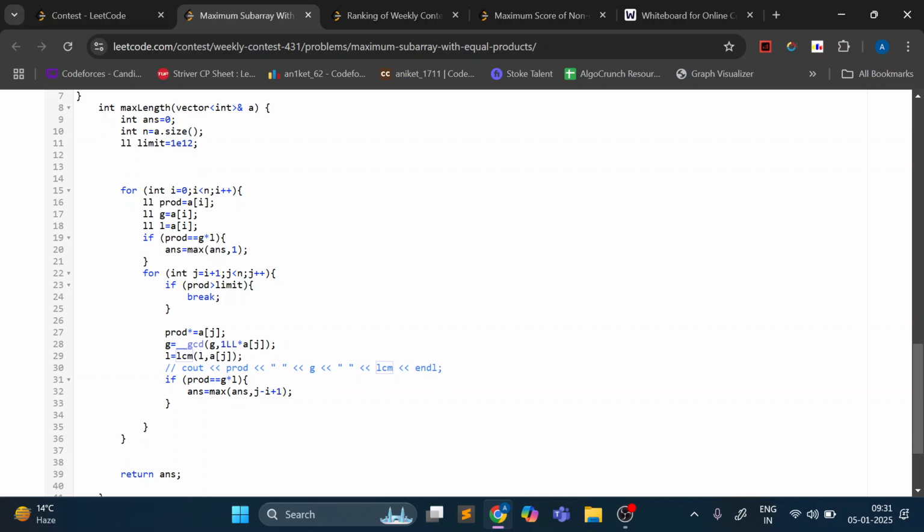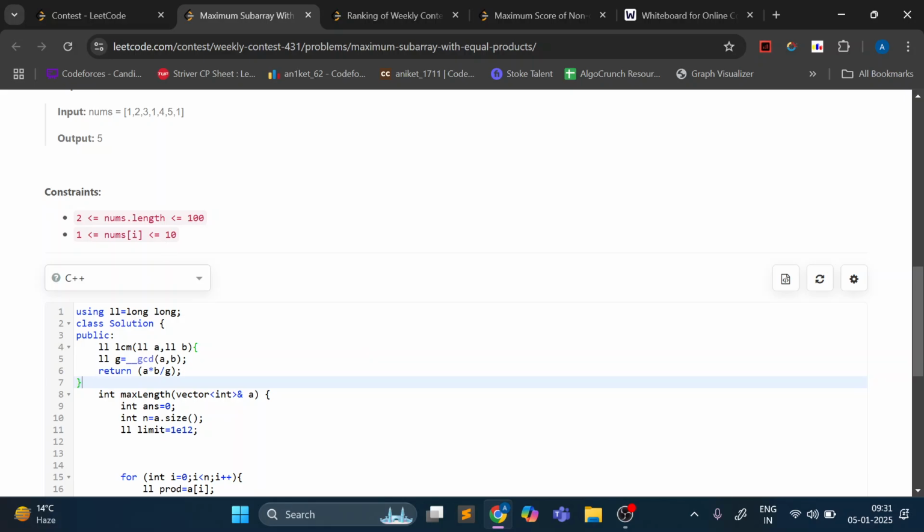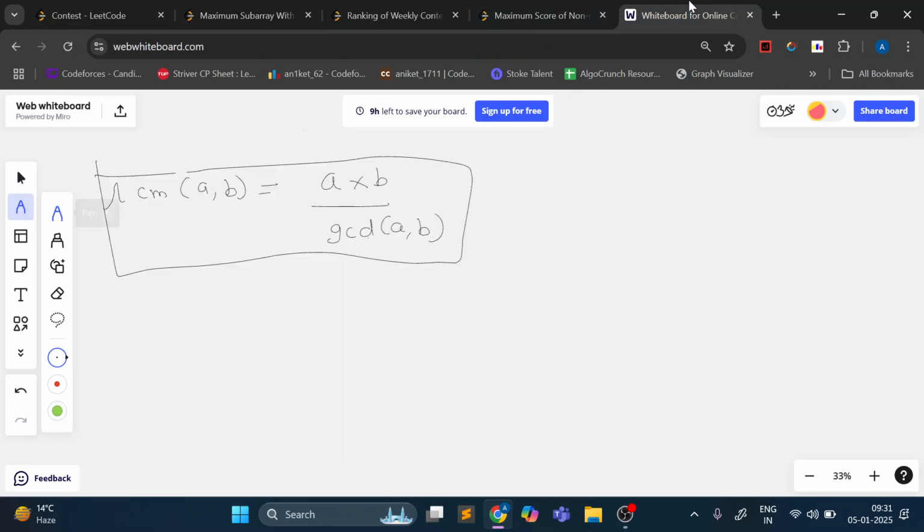Now about this limit condition, I added this because the max product would be 10 into 10, going up to 100 times, because 10 is the maximum array element and 100 is the size of the array. Here the product would be 10 raised to the power 100.